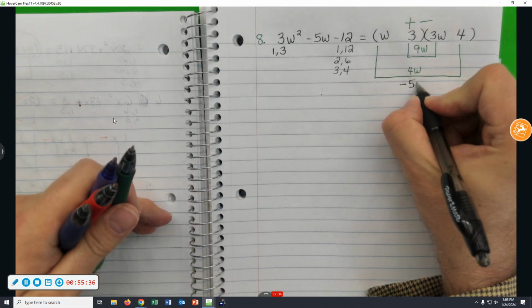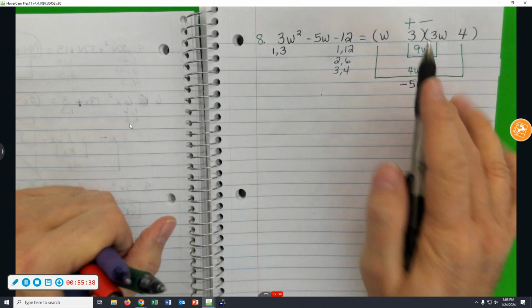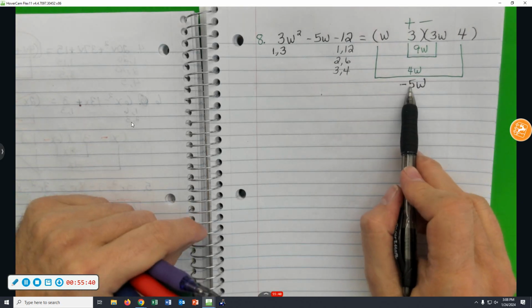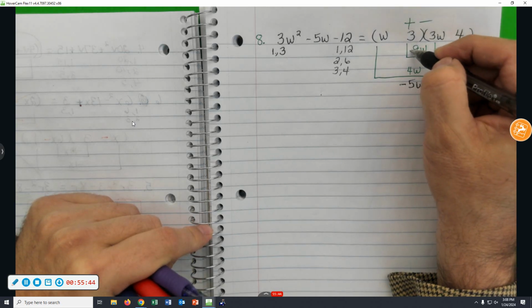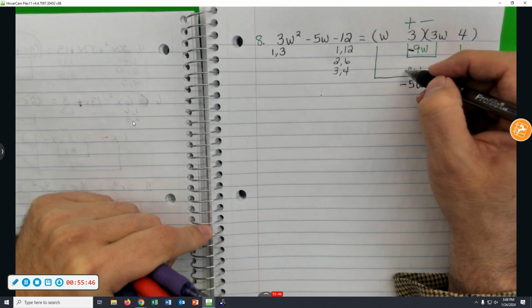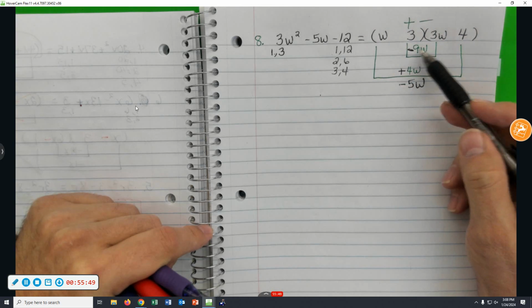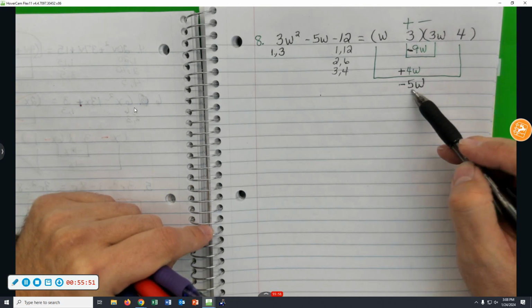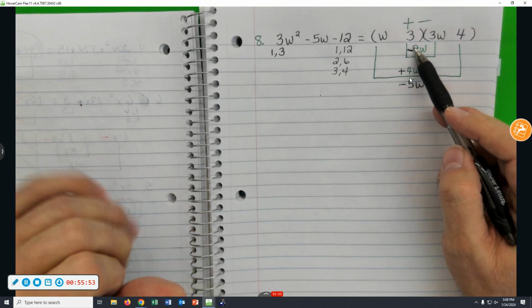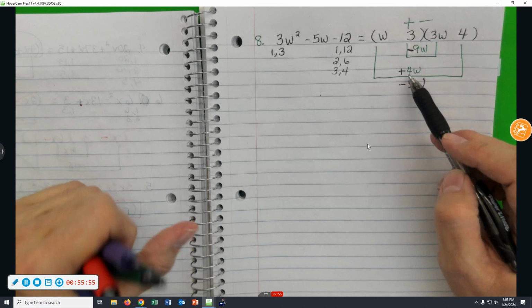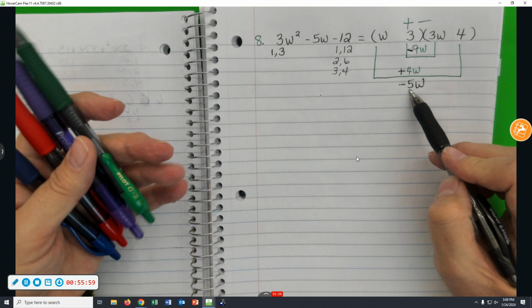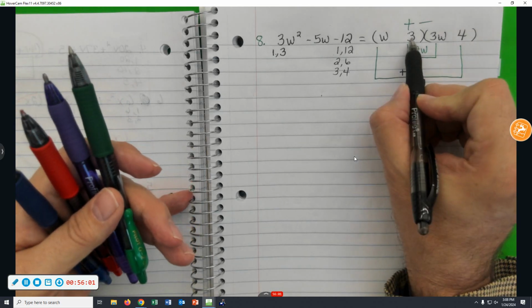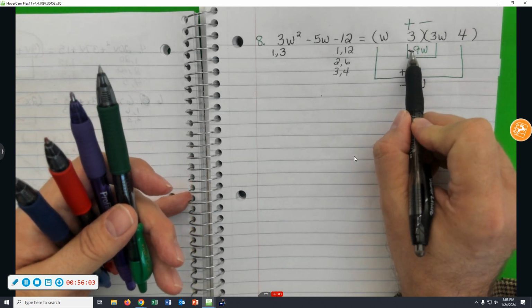Okay, so let's chase the plus and minuses. Let's go backwards and figure out how do I arrange the plus and minus. In order to get a negative 5, the bigger product would need to be negative. Negative 9 plus 4, does that give me a negative 5? Yeah. So what goes in front of this 3, a plus or a minus?